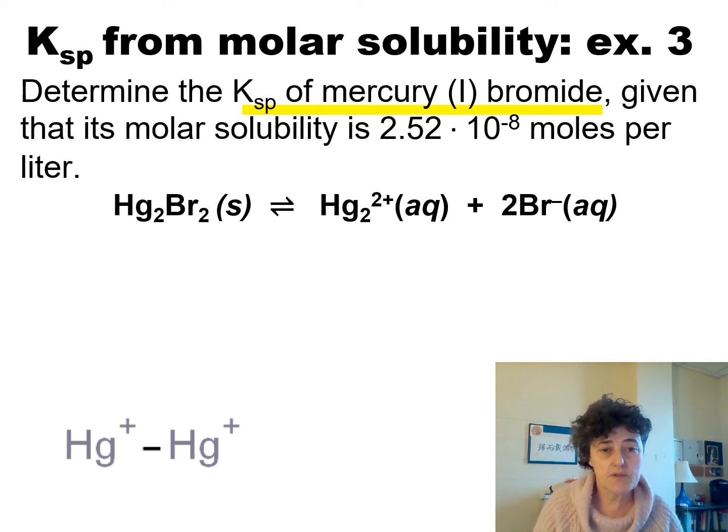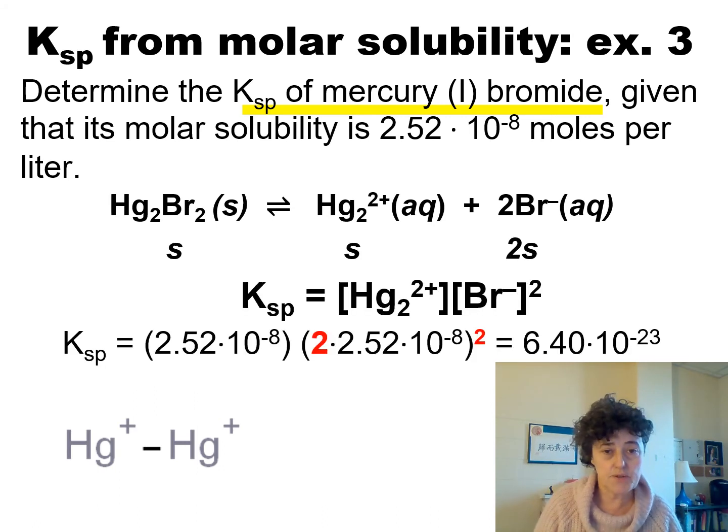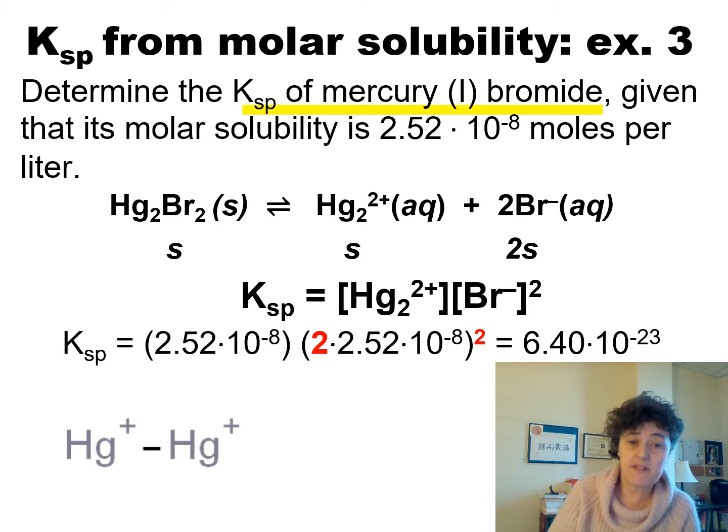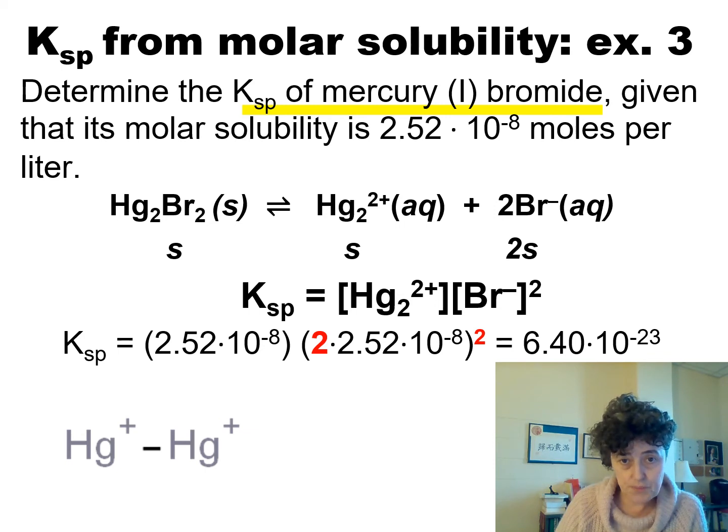Because of that, the dissociation looks a bit different, and so when you write your Ksp, you actually need to multiply by 2 the concentration of the bromide, but not the concentration of the mercury, and the concentration of the bromide needs to be raised to the 2nd power. If you would have written the other formula, you would have just squared 2.52 times 10 to the minus 8, and this would have given you a different number as a final result.